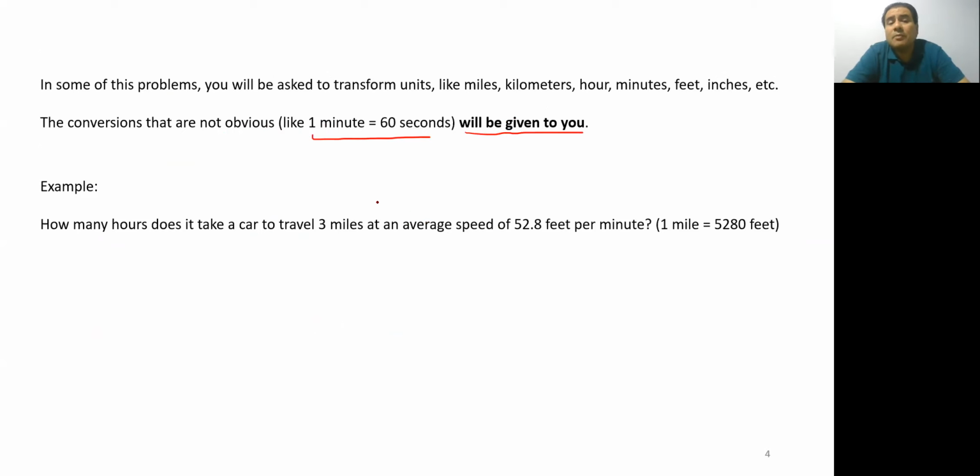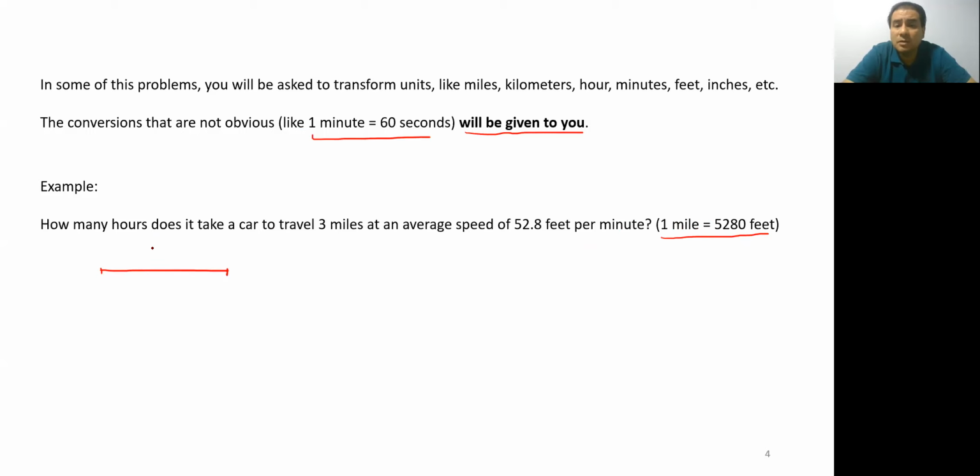For example, how many hours does it take a car to travel 3 miles at an average speed of 52.8 feet per minute? Knowing that the equivalence between a mile and feet is 1 mile stands for 5,280 feet. So let's address this question. How many hours does it take a car to travel 3 miles at an average speed of 52.8 feet per minute?